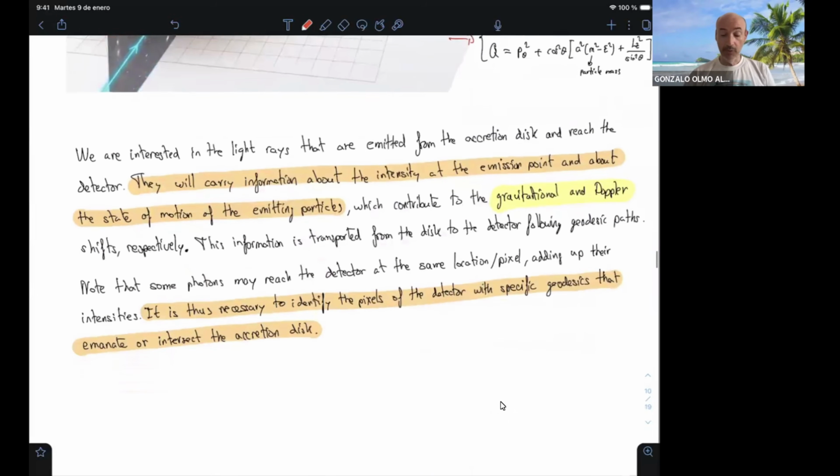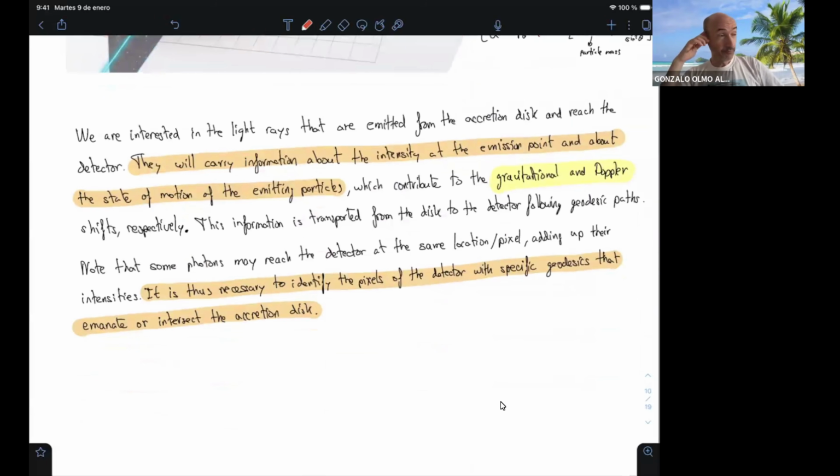So this is important because when we have the detector, we are receiving photons, light rays that hit at different pixels, and these pixels produce the image that we observe.